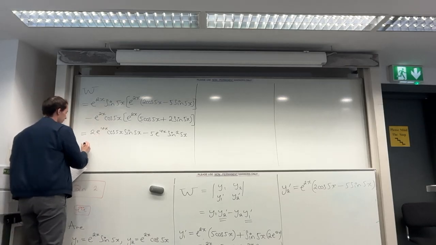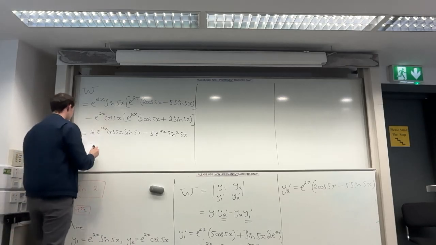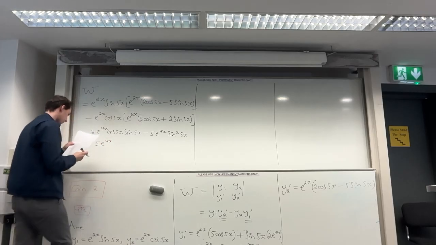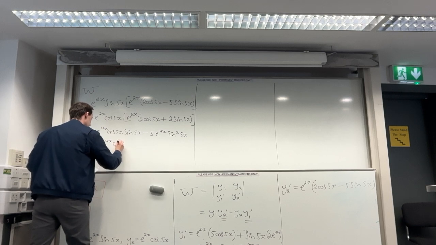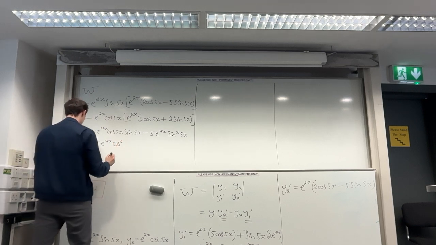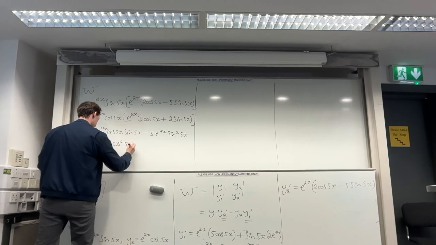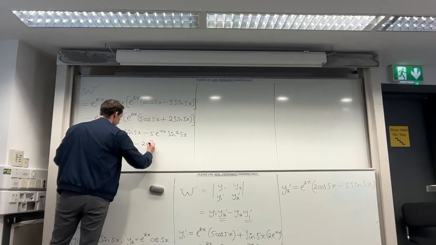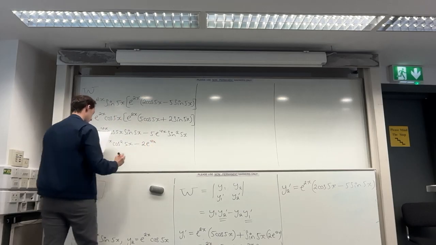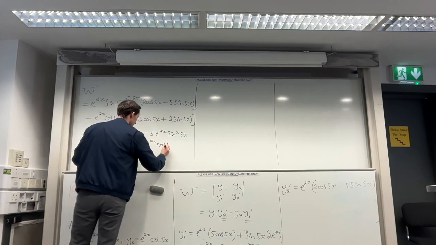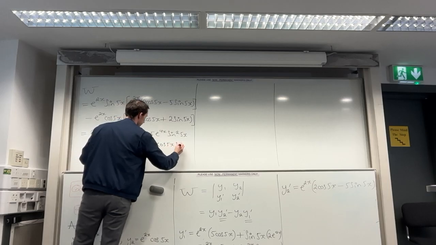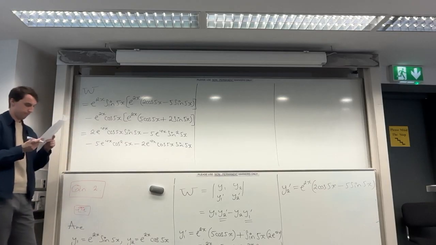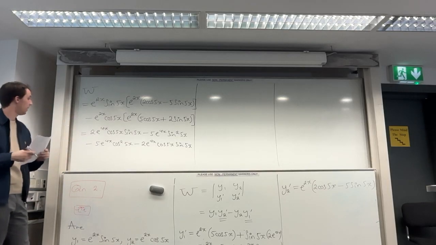Similarly, if you multiply out the second term, you'll get minus 5e to the power of 4x cosine squared 5x minus 2e to the power of 4x cosine of 5x sine of 5x. Like I said, just a little bit of messy algebra, but other than that, relatively straightforward.